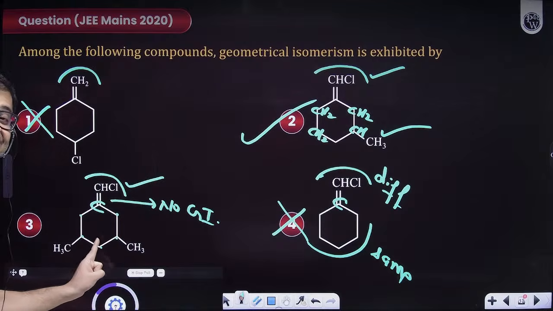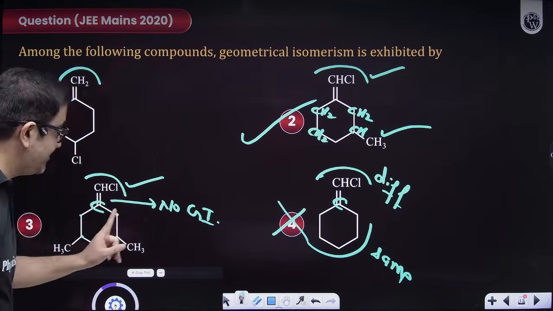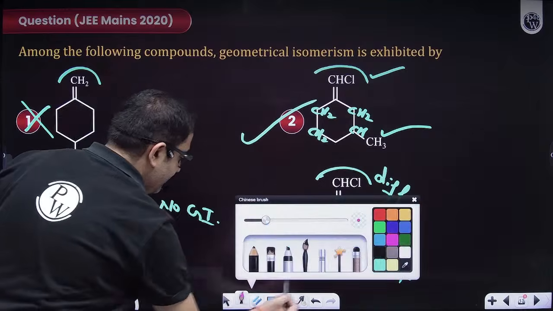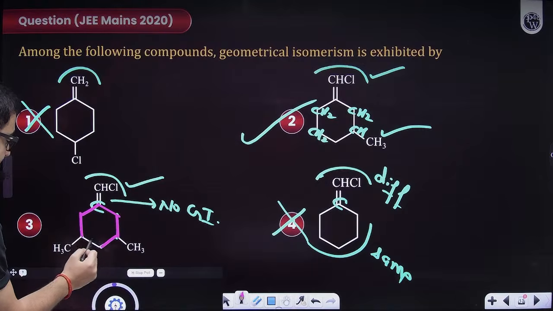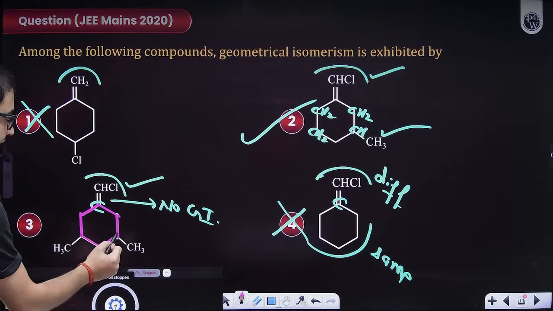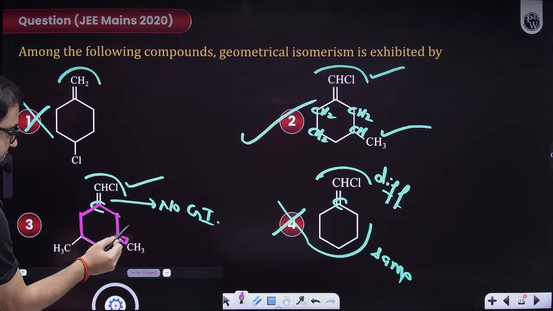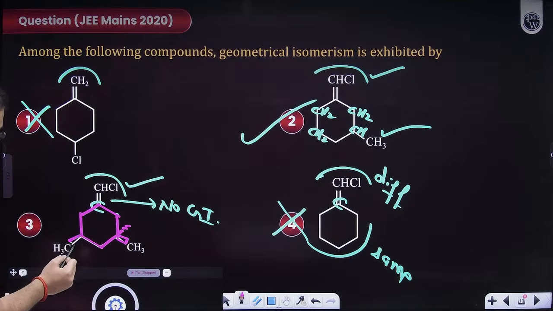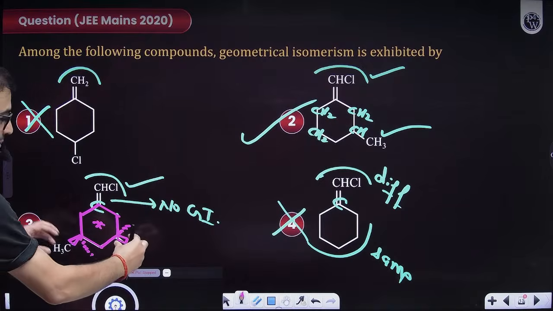But sir, this is a cyclo compound. So this geometrical stereo center failed to give geometrical isomerism. But this one will, because our cyclic chain is also a geometrical stereo center, and this has CH3. Let's say this is up, so it can have a down bond also. Methyl methyl up or methyl methyl opposite.